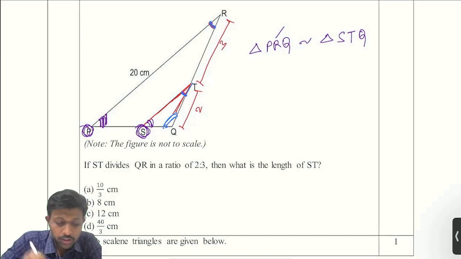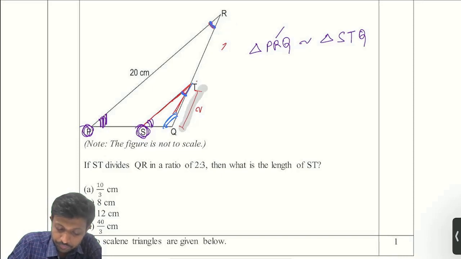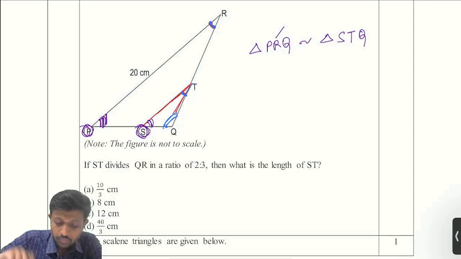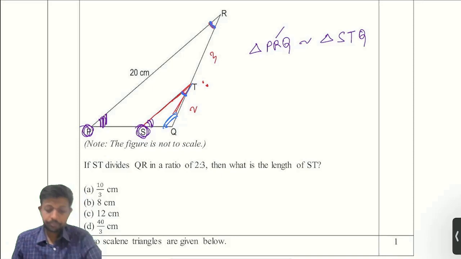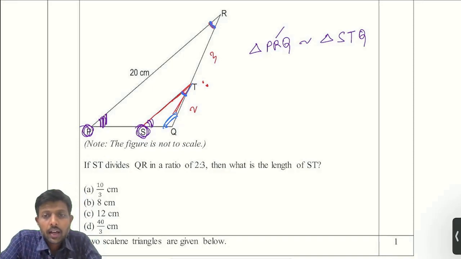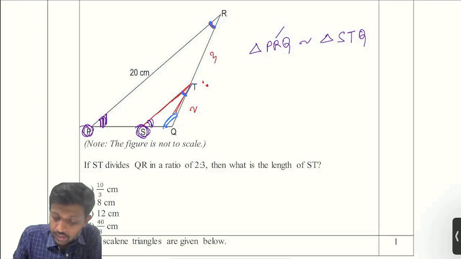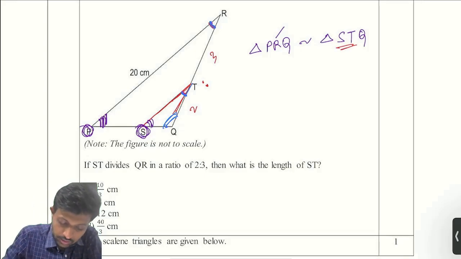So yeah, we'll just write 2:3. This is given to us, and the question is asking us the length ST. This length. What is this length?